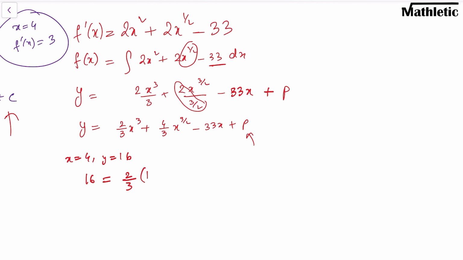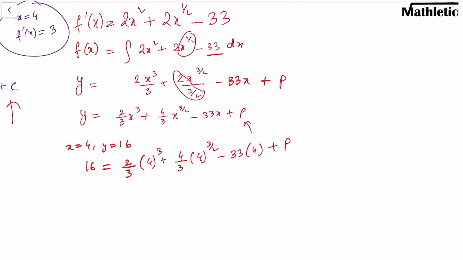So 2 by 3 times 4 cube, sorry, x coordinate is 4, so 4 cube, plus 4 by 3 times 4 to the power 3 by 2, minus 33 into 4 plus p. So when you simplify this, you will get the value of p, which is 284 by 3.